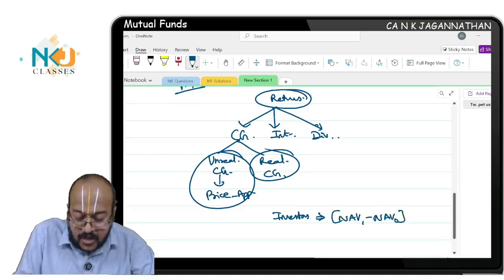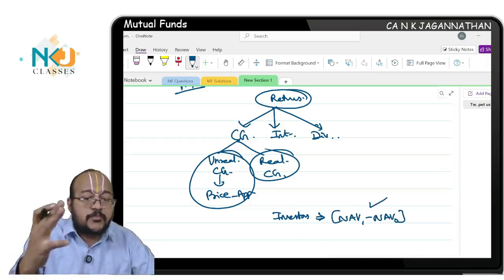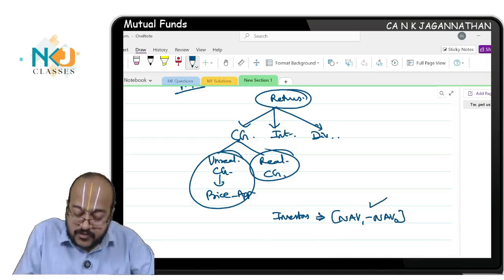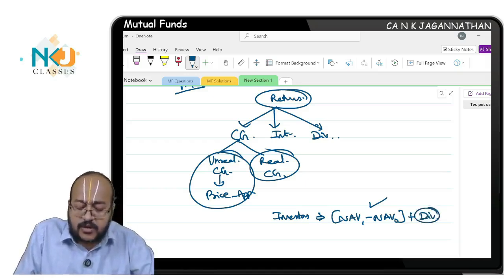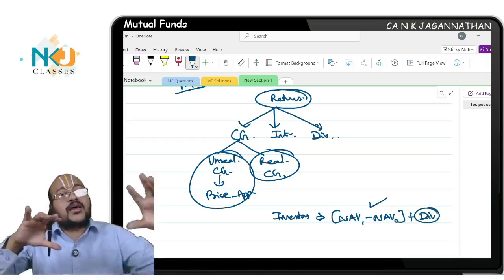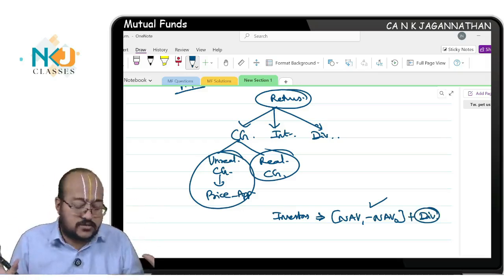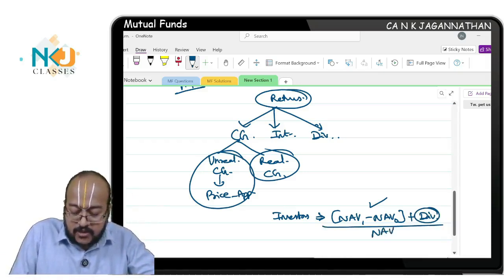This is the NAV appreciation, which is not distributed by the mutual fund, but is unrealized gain made by the investor. So NAV1 minus NAV0 plus dividend income. For the investor, how much of the dividend is interest component or dividend component, we are least concerned with. So this is dividend for the investor divided by NAV0.